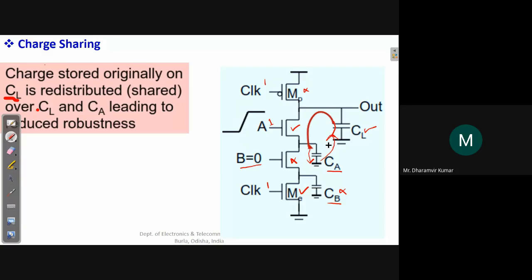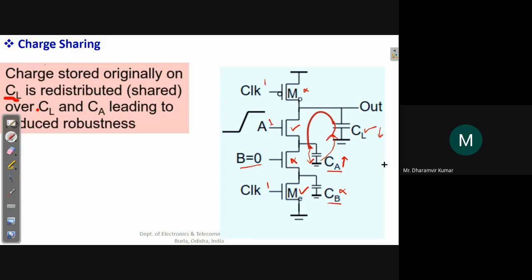Because of this closed loop path, the charge content of CL gets distributed, gets shared with CA. Because of this sharing, the charge content of CL gets reduced, and the charge content of CA will increase.